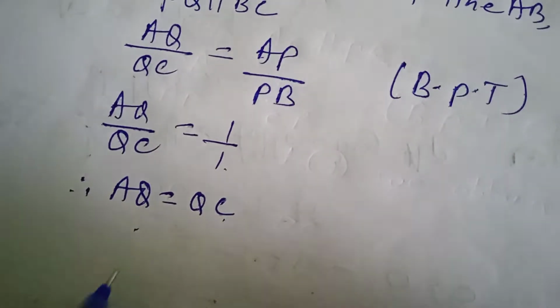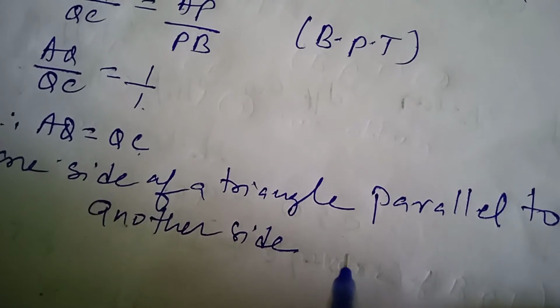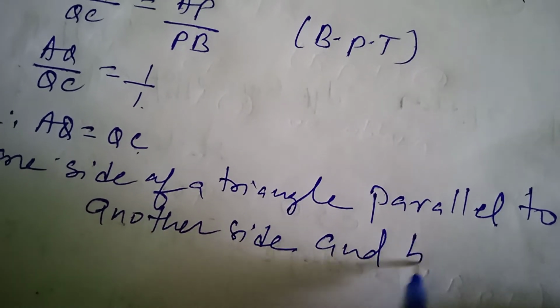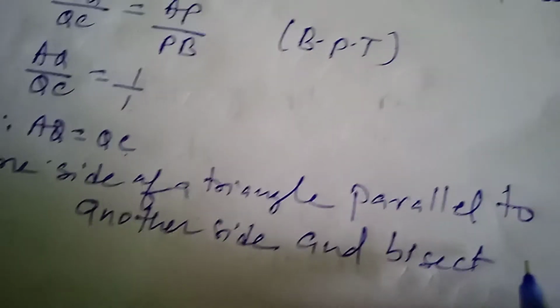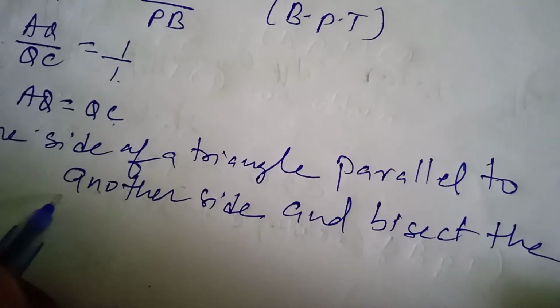Cross multiplying, AQ is equal to QC. Therefore, a line drawn through the midpoint of one side of a triangle parallel to another side bisects the third side.